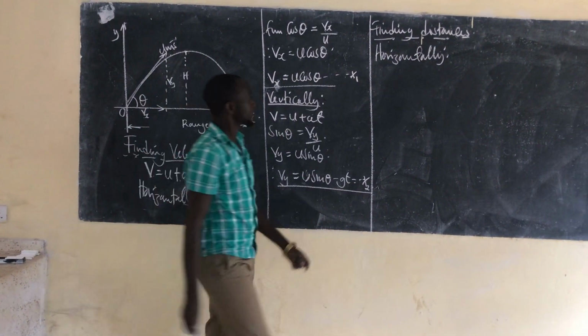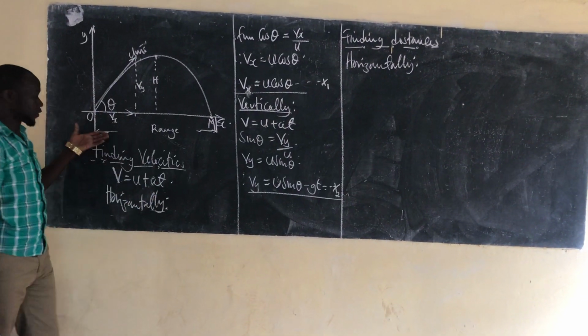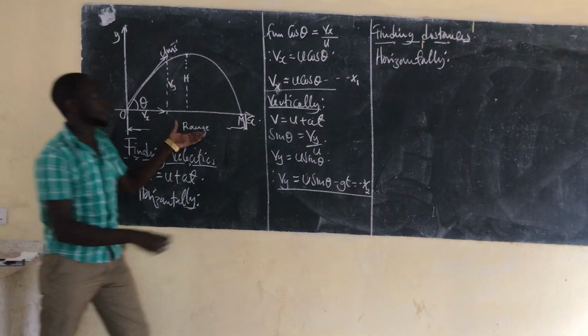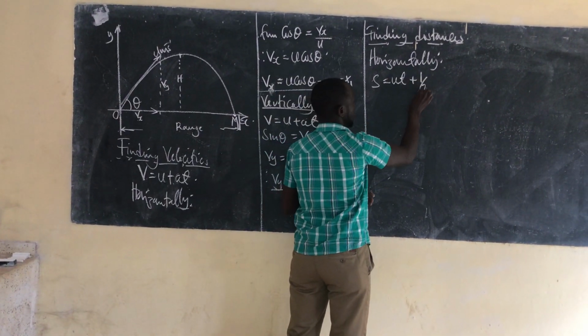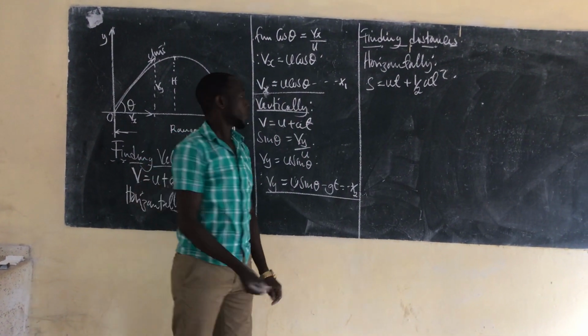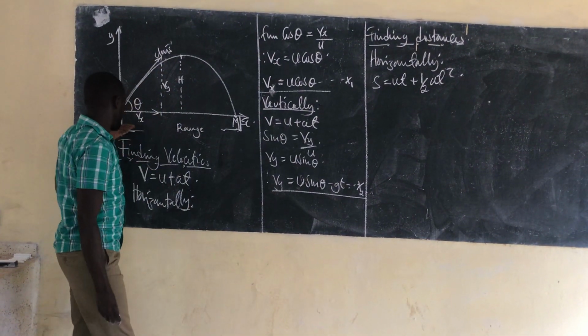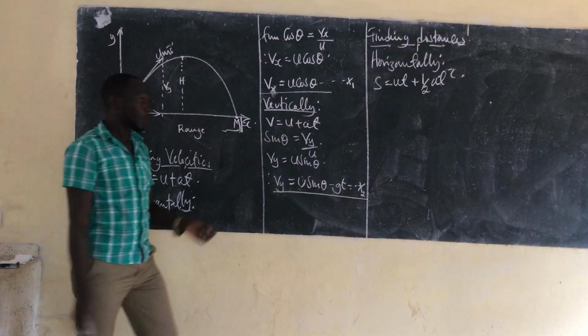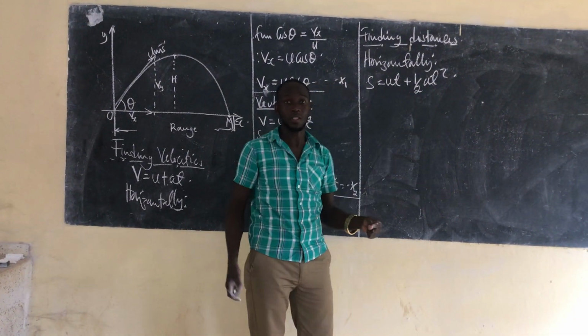Let's proceed. So horizontally, we look at the horizontal distance and use the second equation of motion, that is s equals ut plus a half at squared. But in the horizontal, when we are talking about the horizontal movement, we are talking about from this point to this point, where we have acceleration as 0 because we have uniform velocity.